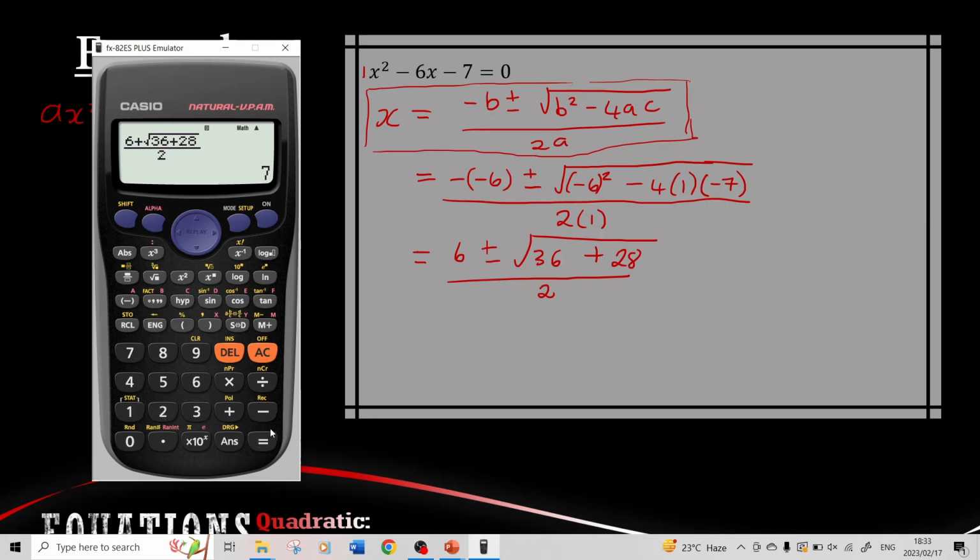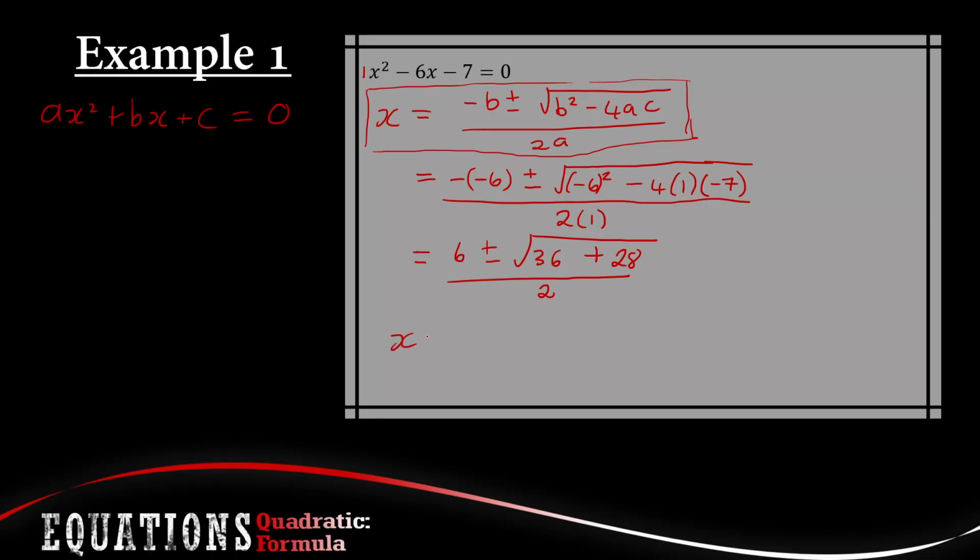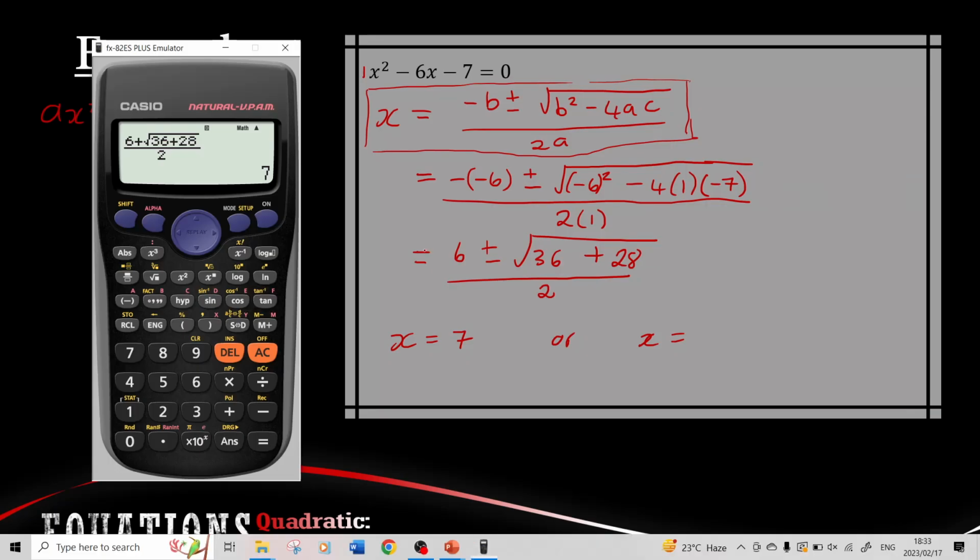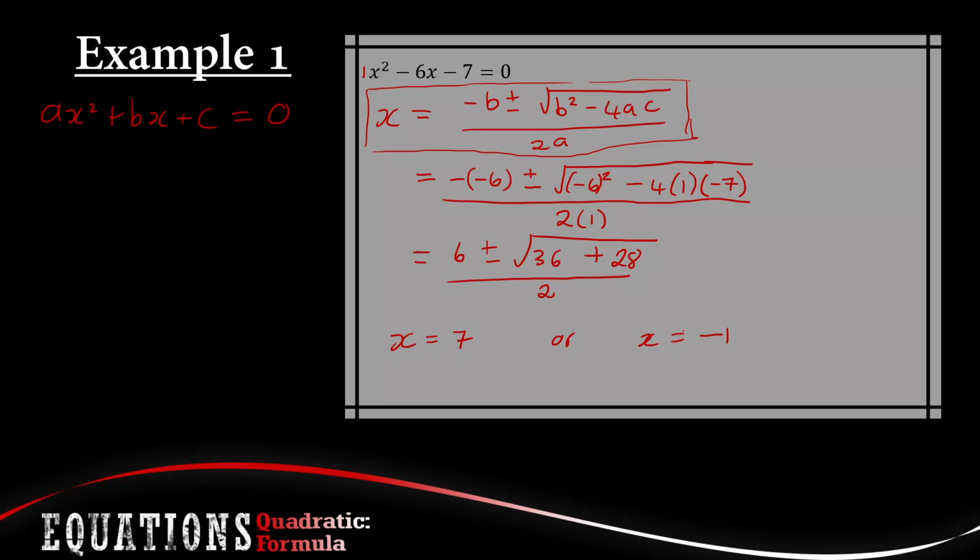And then we have 7. So x is equal to 7, or x is equal to, then we don't have to retype everything unless you really want to, we just change that into a negative, and we have negative 1. Alright, so that is the basic steps of using the quadratic formula.